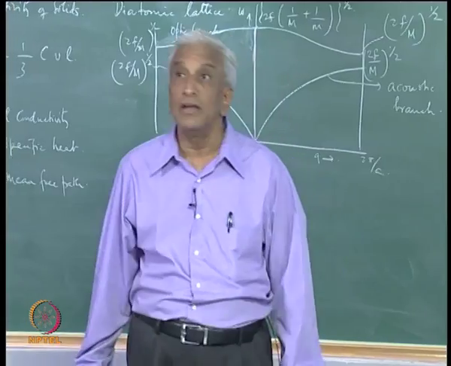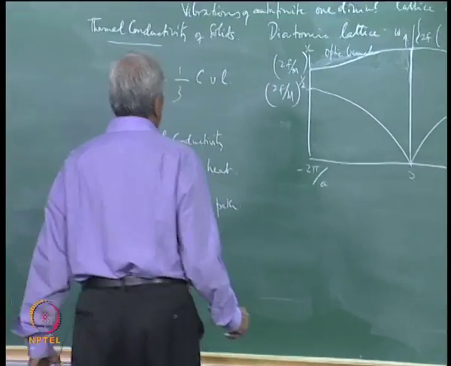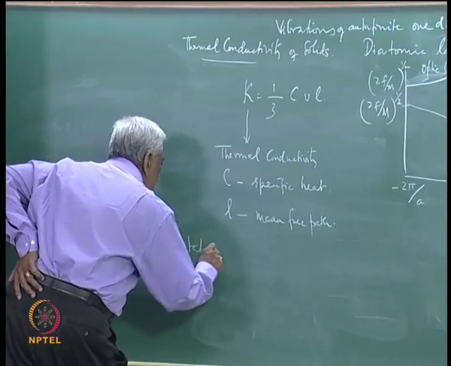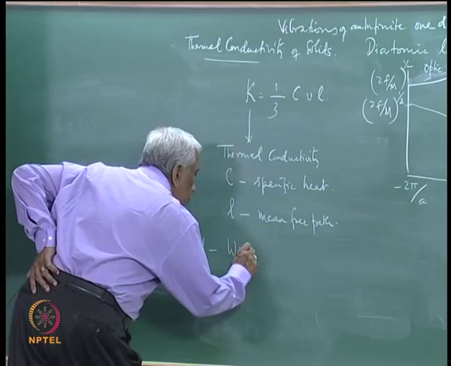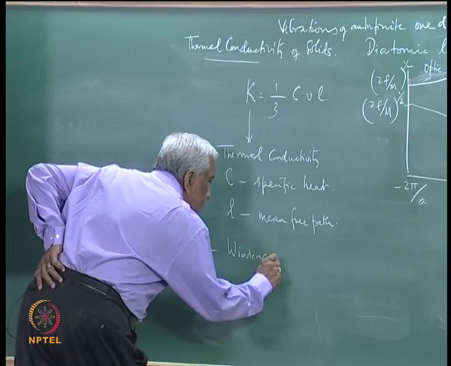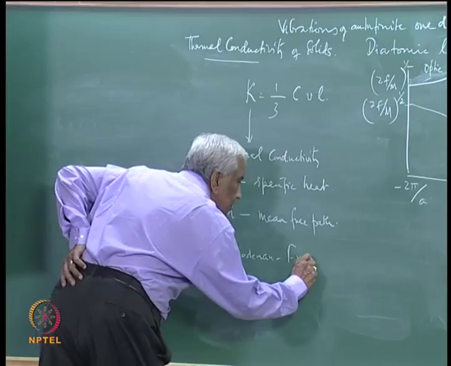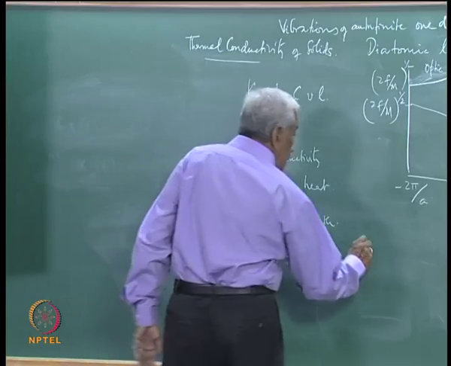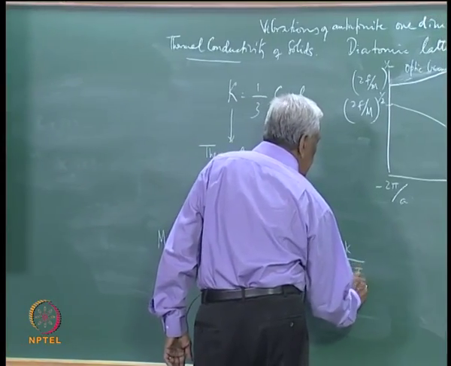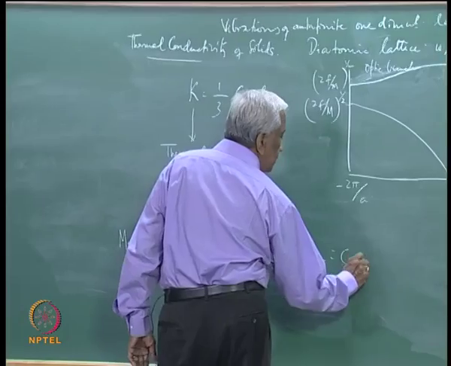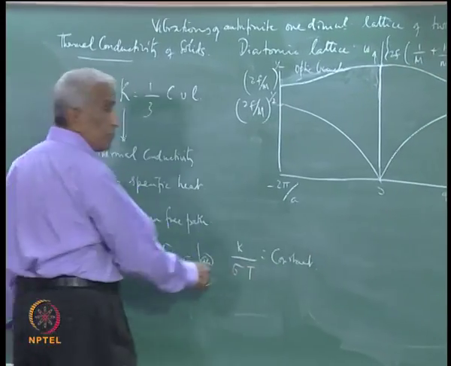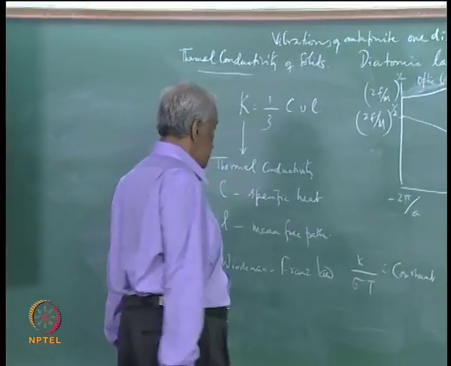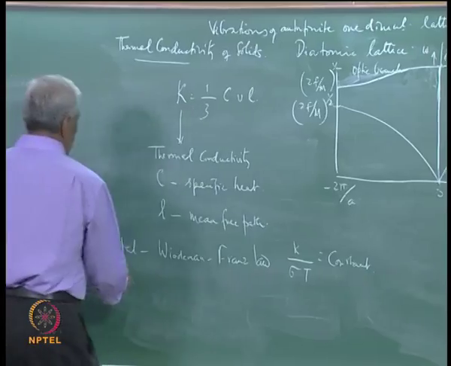We have already seen that the theoretical description leads to the Wiedemann-Franz law in the case of a metal, namely K by sigma T equals constant, where K is the thermal conductivity, sigma is the electrical conductivity and T is the absolute temperature. So, we have seen this for metals.